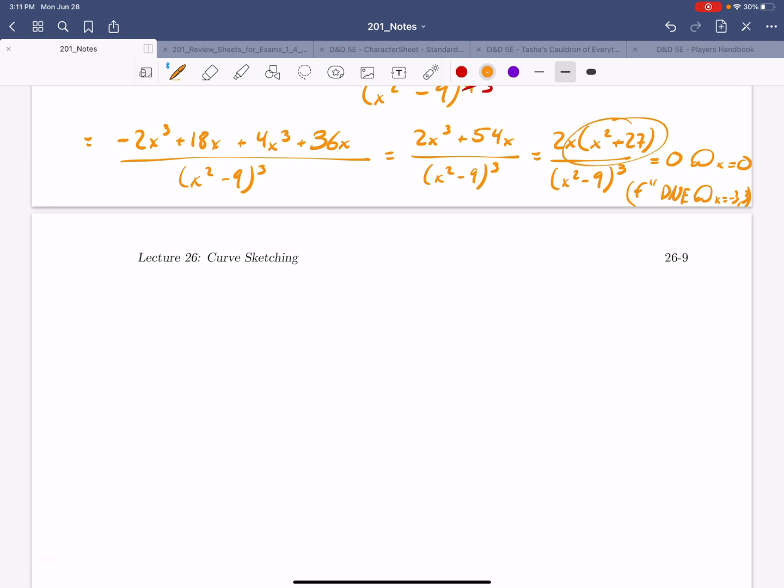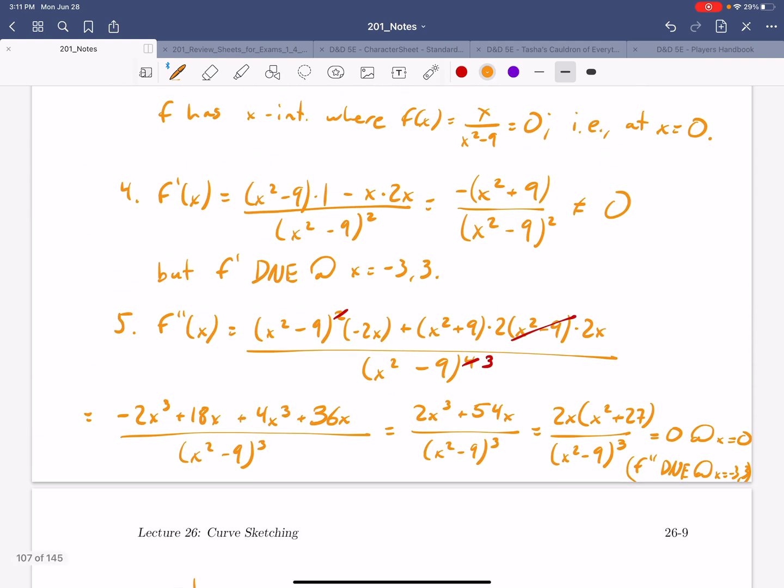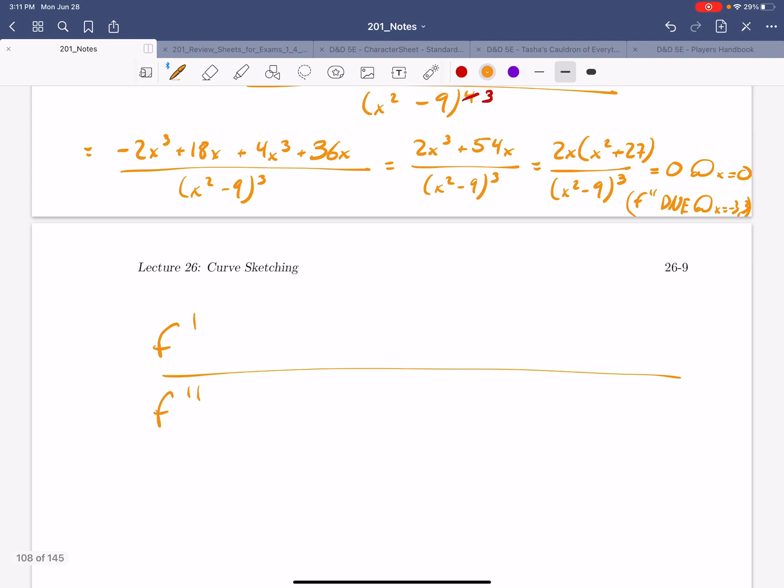Right, just to be clear, this is always positive, right? It's never equal to 0. Okay. All right, so let's draw that chart of ours. It looks like -3 and +3 are values of import, as well as 0 for f double prime.